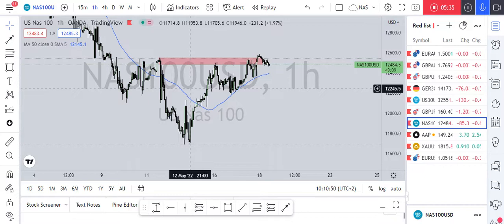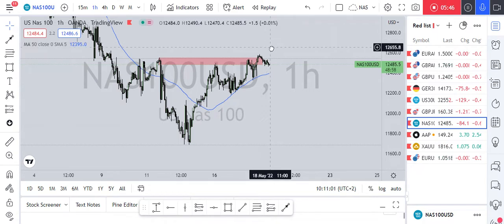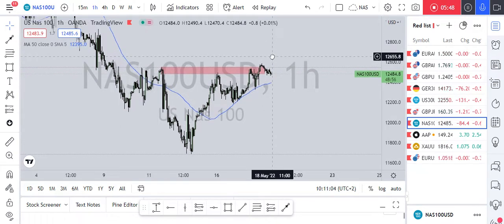I use the 50 EMA as an ID50 setup: I wait for price to break out of the EMA, tap the EMA, and then we look for price to continue in that direction on the hourly only. That's why it's intraday 50, because the intraday time frame is the hourly.